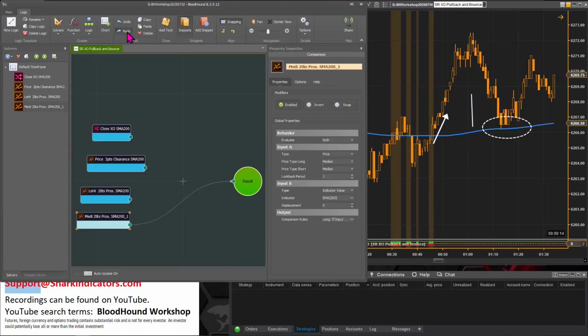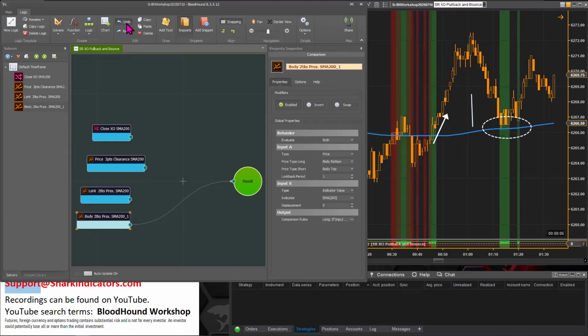Okay, it doesn't actually undo that. Let's see. Oh, actually it does. There we go. All right. So this is back to saying the body. And there we go. Body bottom, body top.